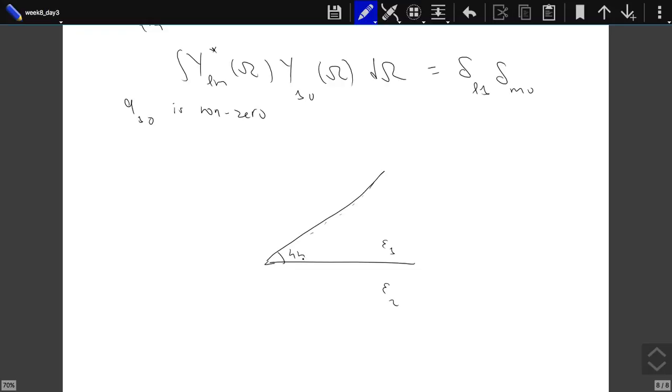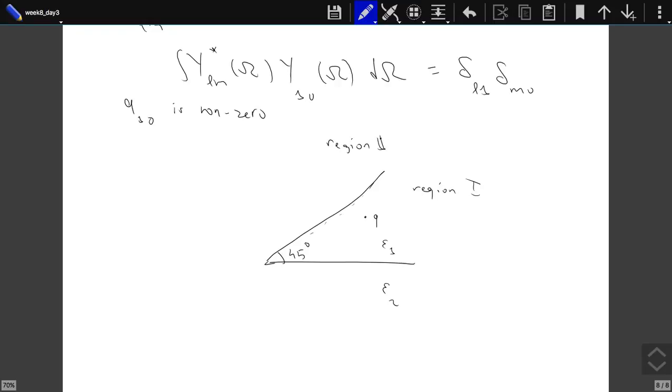This is 45 degrees. So let's put some charge over here, Q. So let's start with what will be the potential inside our dielectric, inside region 1. This is region 1. This is region 2.